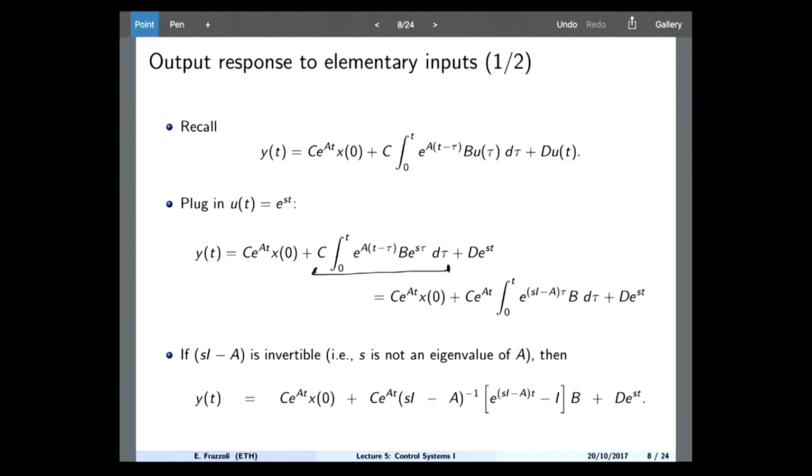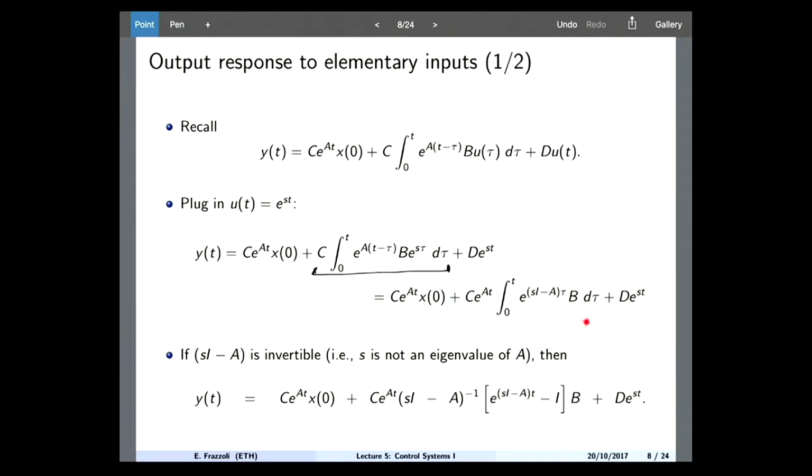Now I can pull out, all of these terms are multiplied by e to the power at. I can just pull that out. Notice that the variable that changes over the integral is tau. So from the point of view of this integral, e to the power at is a constant, and I can just pull it out of the integral.